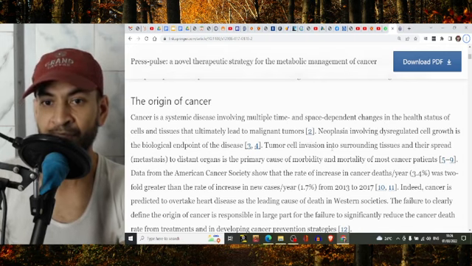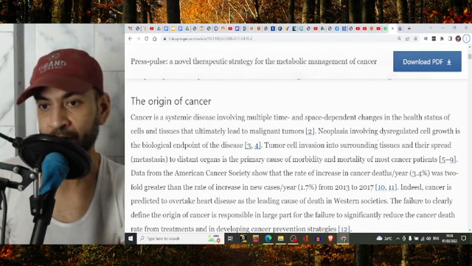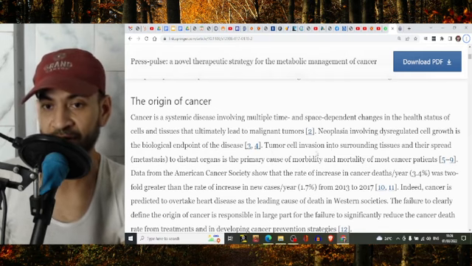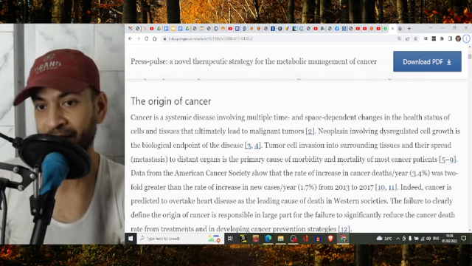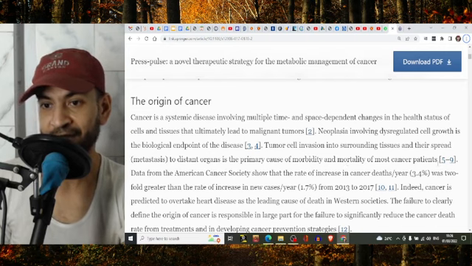Reference 2. Neoplasia involving dysregulated cell growth is the biological endpoint of the disease. Reference 3-4. Tumor cell invasion into surrounding tissue and their spread, which is also known as metastasis, to distant organs is the primary cause of morbidity and mortality of most cancer patients.